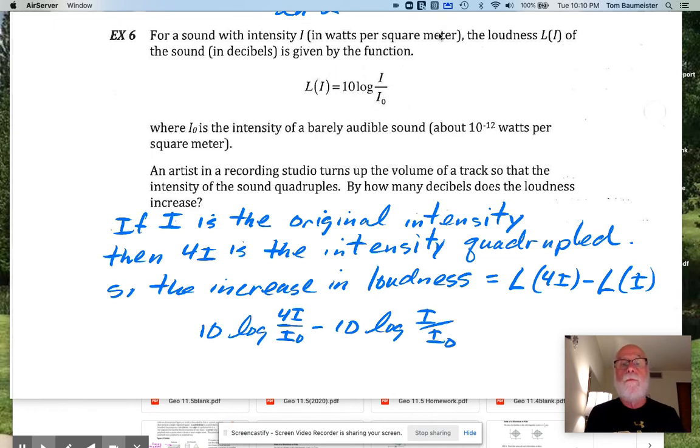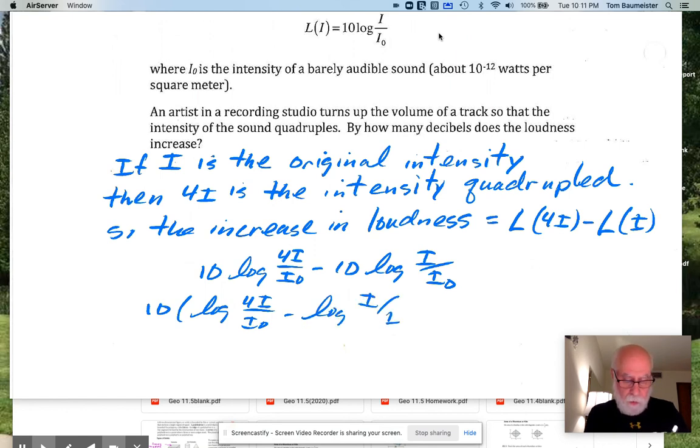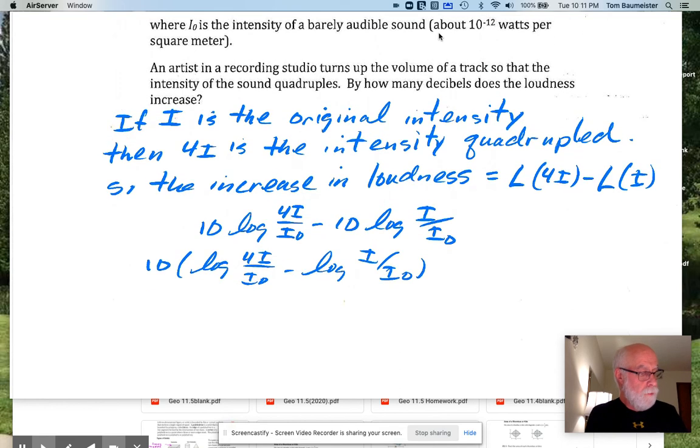Okay, so we're subtracting it. So notice I have something in common there. I have a 10 there that I can factor out. So then I would have log of 4I over I sub 0 minus log of I over I sub 0. Okay.